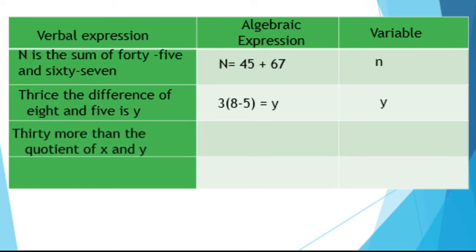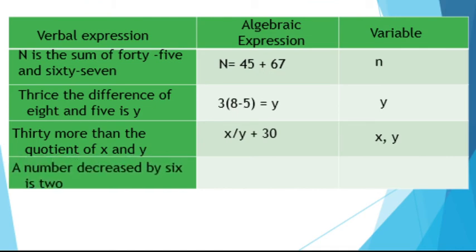And then you have 30 more than the quotient of x and y. So you have x divided by y plus 30, and the variables are x and y. And the last one, a number decreased by 6 is 2. So that is a minus 6 is equals to 2, and the variable is a.